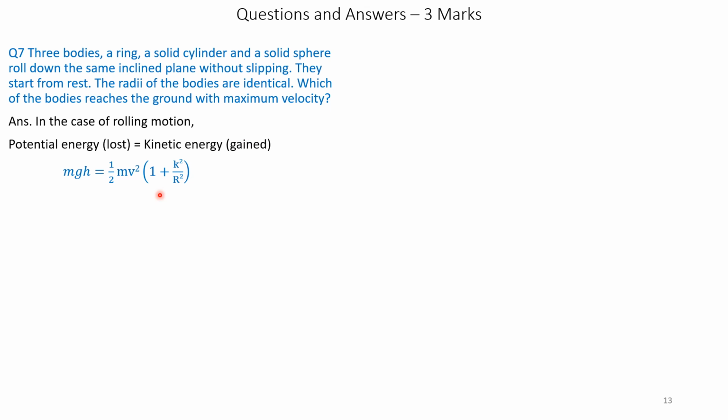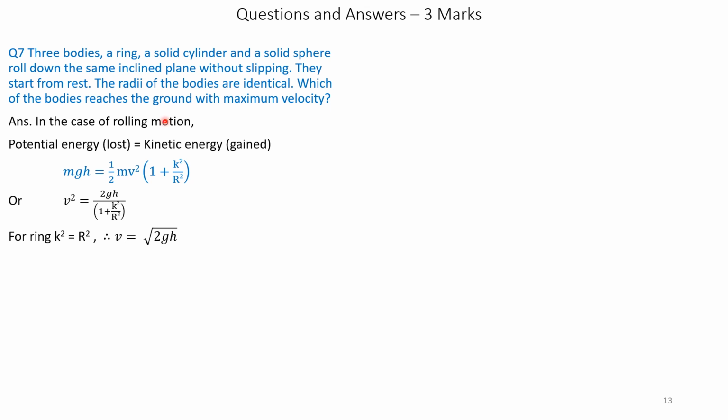Therefore, mgh is equal to half mv square into (1 plus k square by r square), where k is the radius of gyration, v is the velocity, h is the height. So, v square is equal to 2gh divided by (1 plus k square by r square). We have proved it in the previous slide.